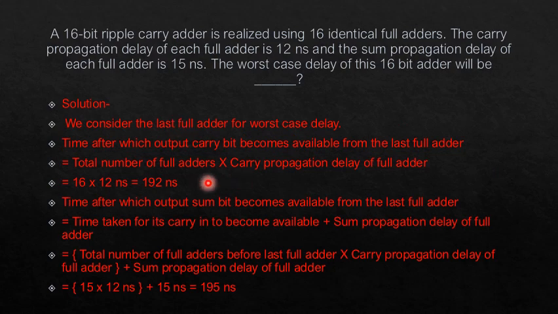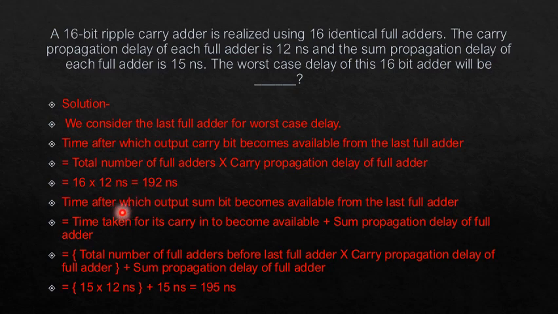The solution for the given question: we consider the last full adder for worst case delay. The time after which the output carry bit becomes available from the last full adder is the total number of full adders times the carry propagation delay of a full adder, which is 16 times 12 nanoseconds, that is 192 nanoseconds.